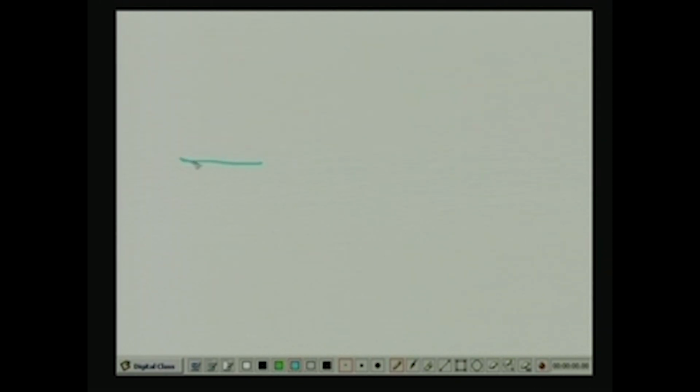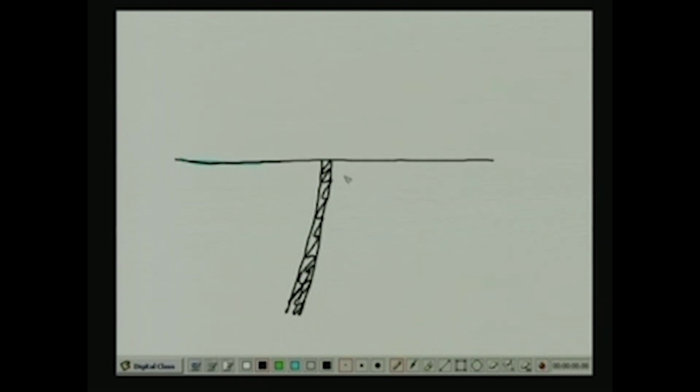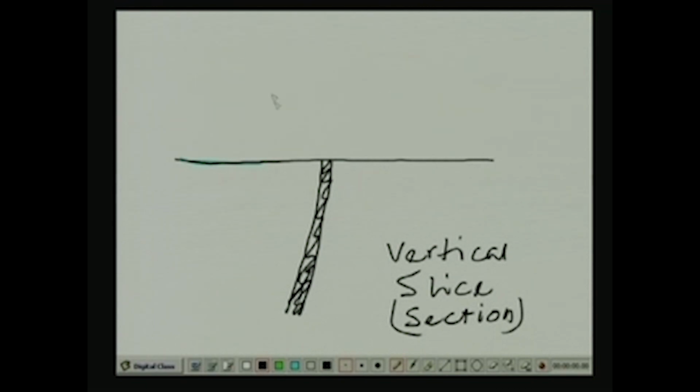Whereas if you have a near vertical surface, let's say we have a ground surface like that, in which we have an intrusive layer shown like that. This is the vertical slice, or the section, whereas in plan this intrusion might look like that.